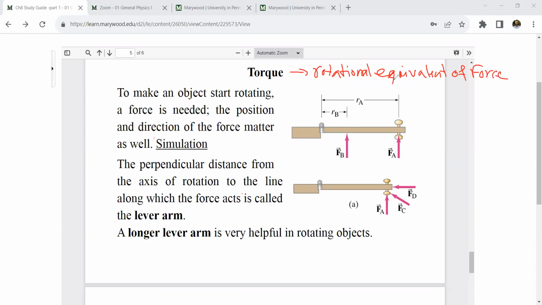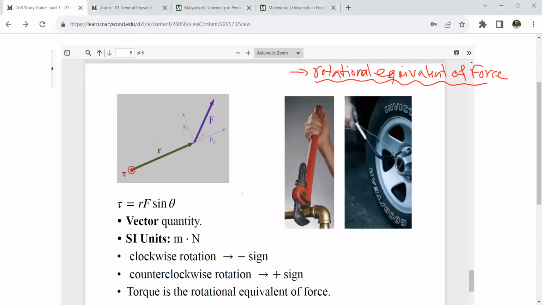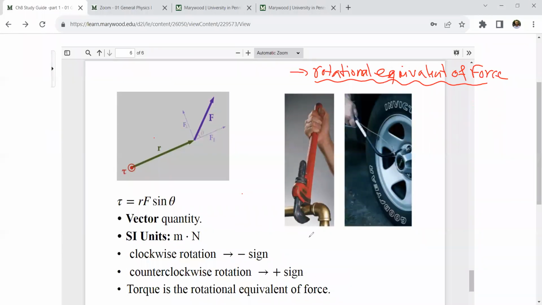When we have rotation, for example in these two pictures, because rotation is involved, the concept of torque can be applied here.